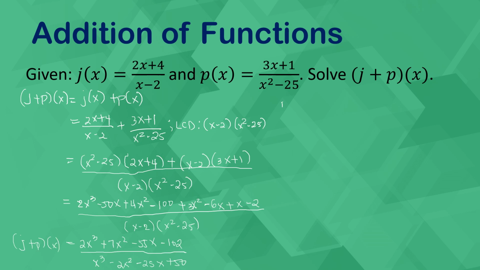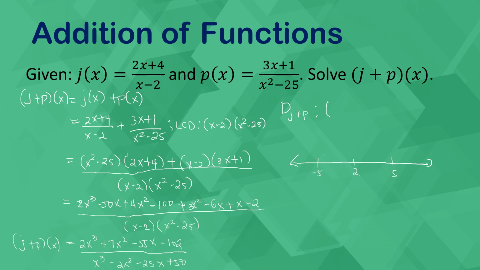For the domain of J plus P, okay, for J of x, we exclude 2, and for P of x, we exclude negative 5 and positive 5. So, which means to say, all real numbers less than negative 5. Okay, we have here our number line. We exclude negative 5, 2, and 5.